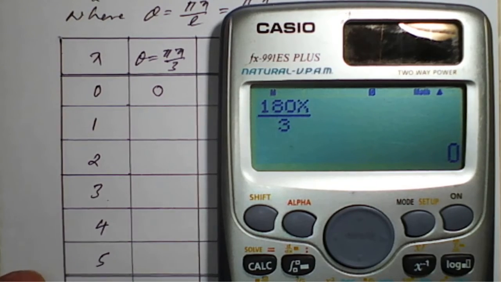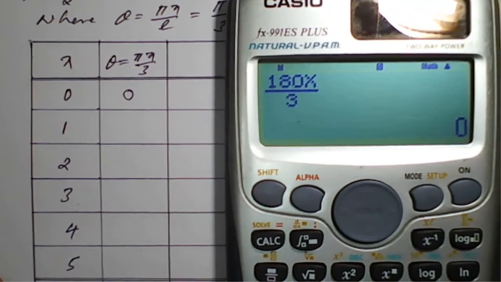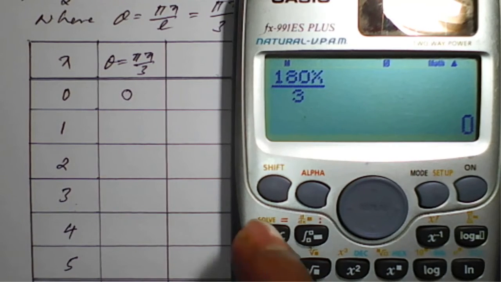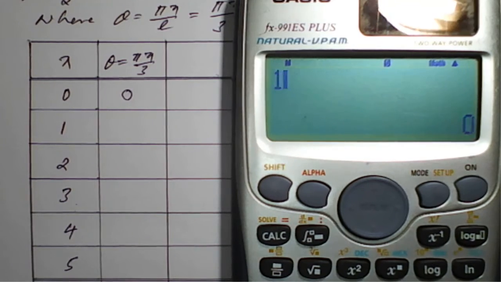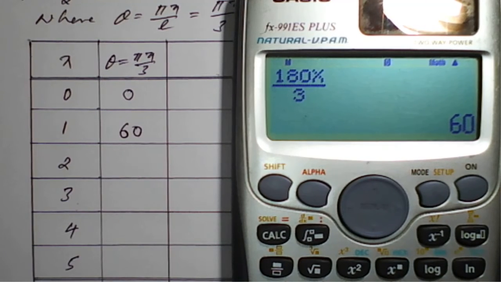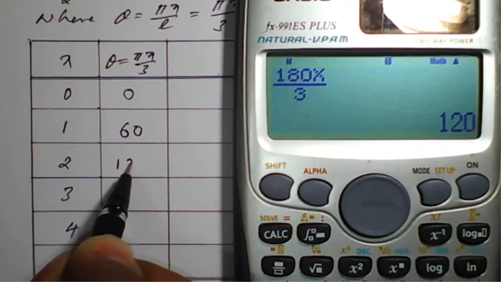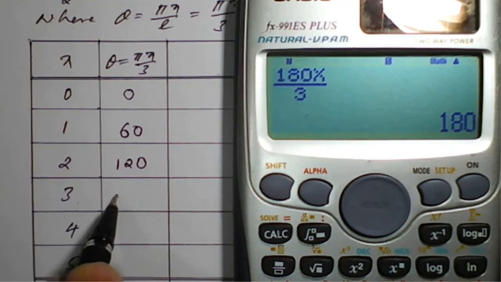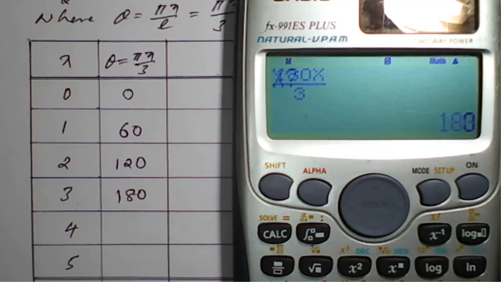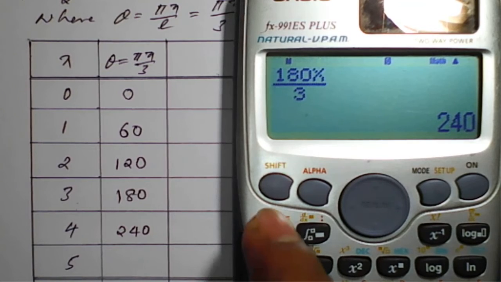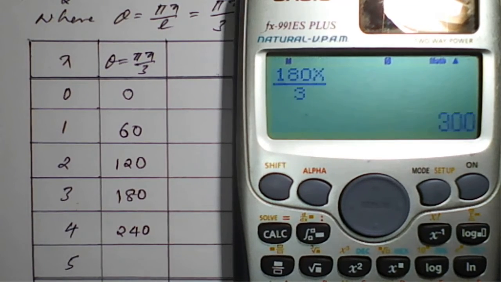Then with the calc option, when x is 1, the value is 60, so all values are converted into degrees. When x is 2, we get 120, when x is 3, 180, when x is 4, it is 240, and when x is 5, it is 300.